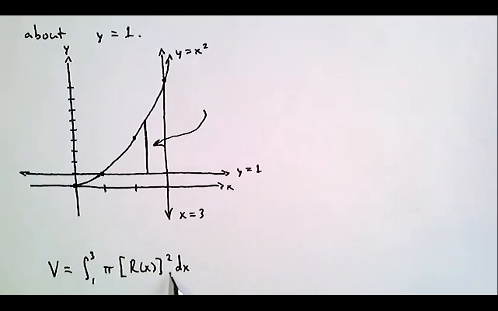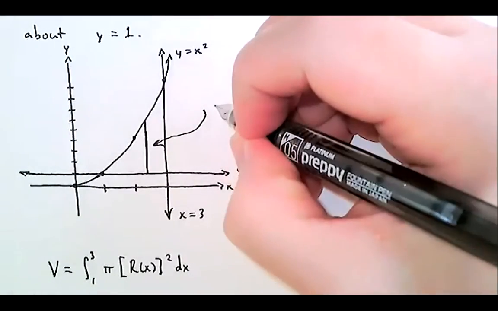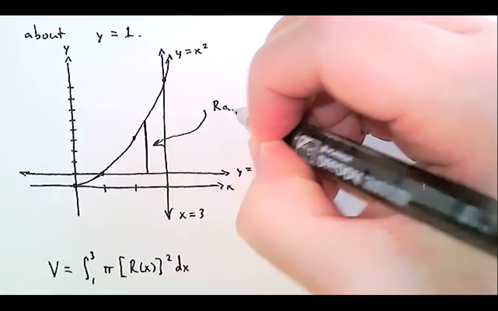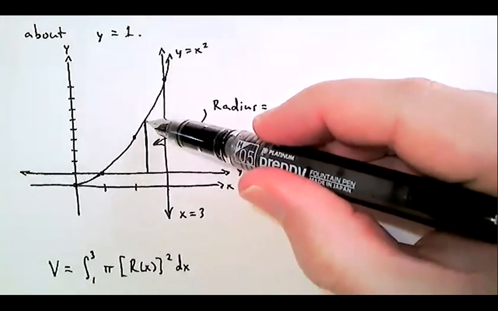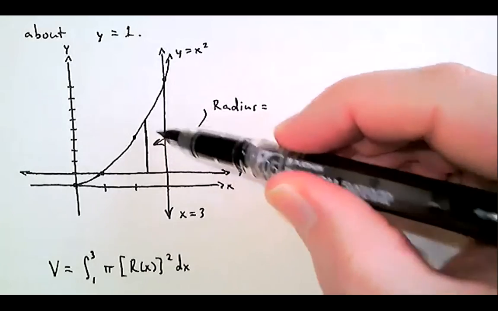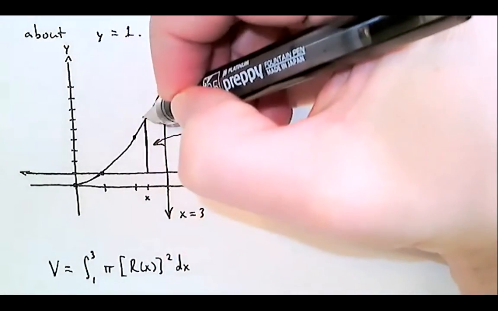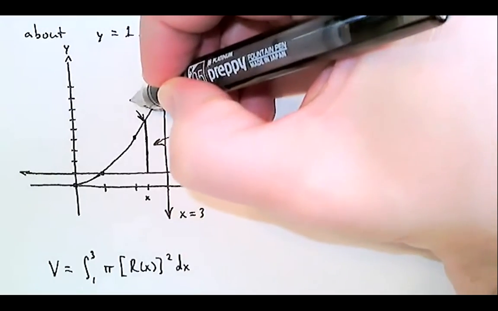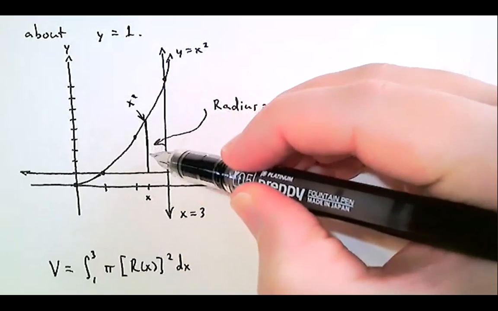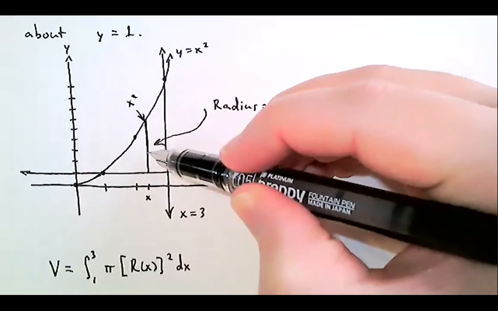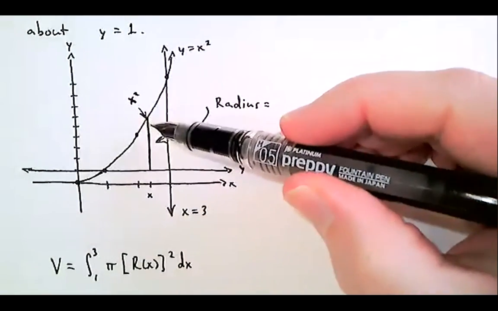And then the next thing I need to do is figure out what to plug in for my radius. What's the length of this line segment? So we've come over to the right x. I know that the height of this point is x squared.